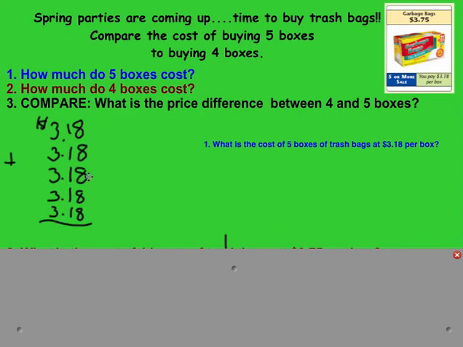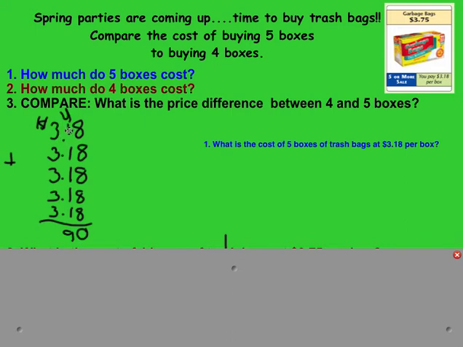So 8 plus 8 plus 8 plus 8 plus 8, or 8 times 5, would be 40. So I'm going to drop the 0 and carry the 4 tenths. 4 plus 1 plus 1 plus 1 plus 1 would be 9. So we'd have 9 tenths.